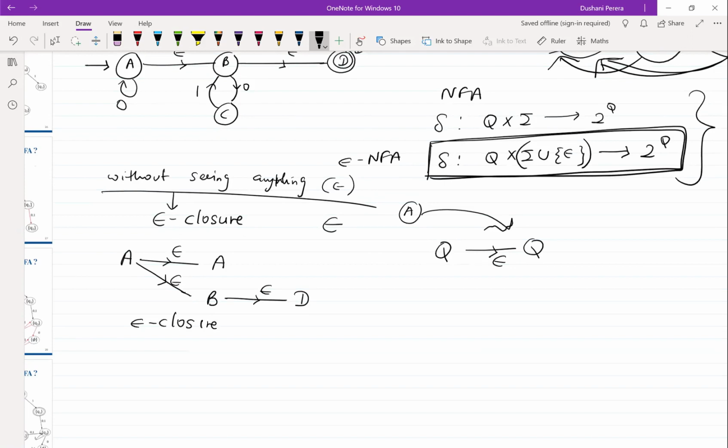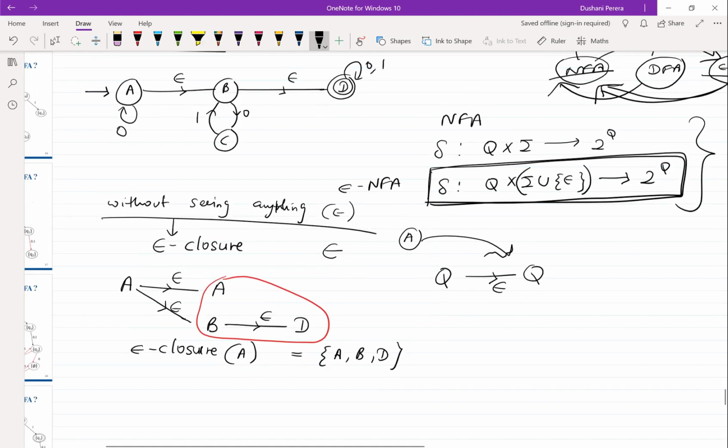That means the states that I can reach from A upon seeing null transition will be the union of the results I got. Not those two, all these three: A, B, and D. This is the epsilon closure of A, which means upon seeing the null symbol, who are the ones I can go to from A? From A I can come to A itself with null.